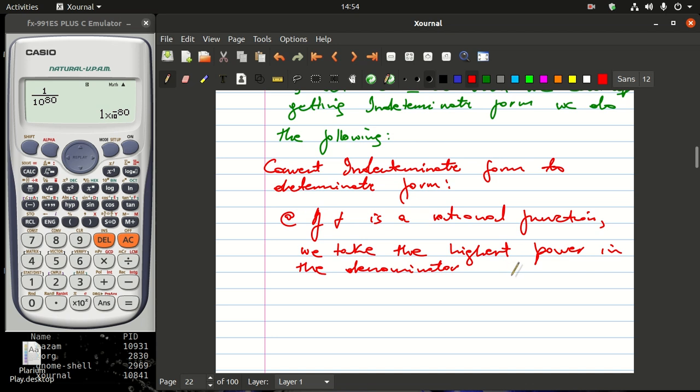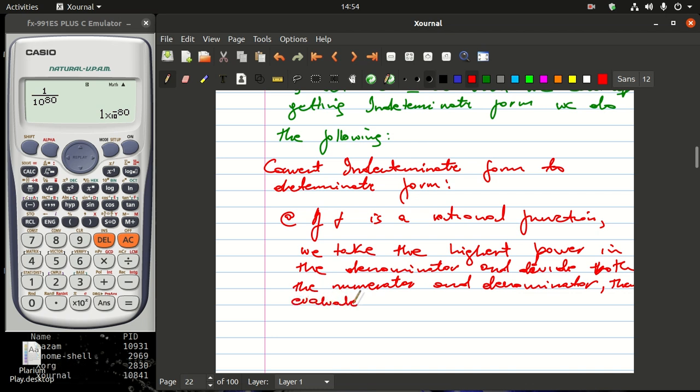So we take the highest power in the denominator and divide both the numerator and denominator. Then once we do that, we'll be able to evaluate the limit.